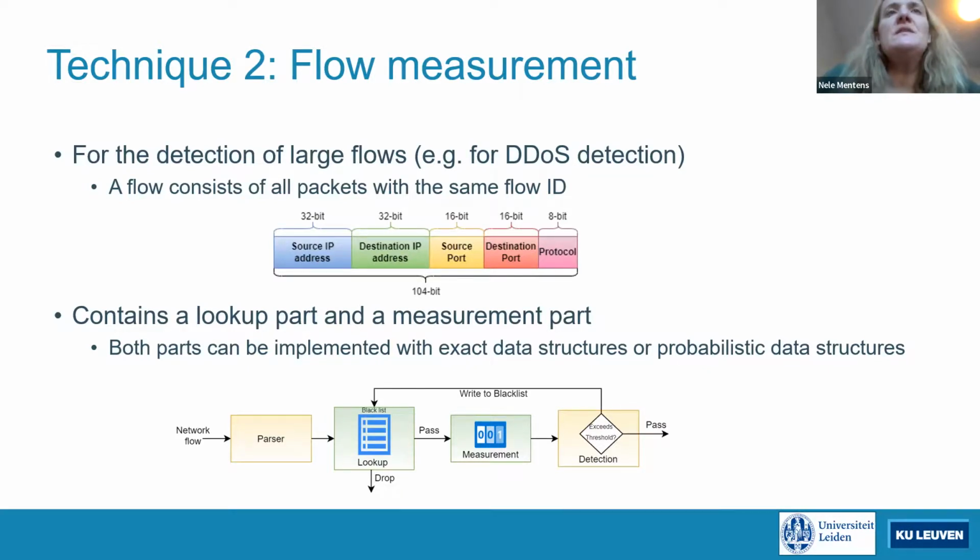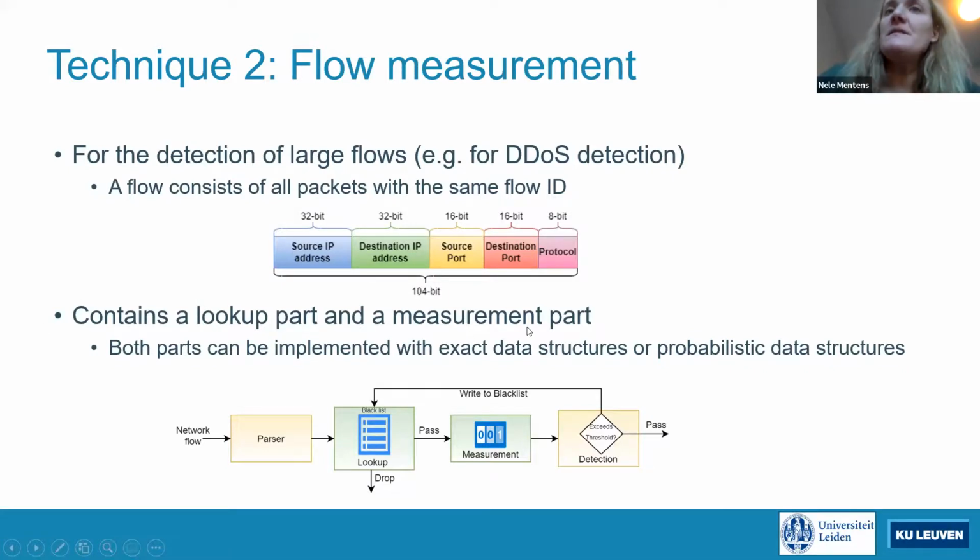What is a flow? A flow consists of all packets that have the same flow ID. And the flow ID typically consists of the source IP address and destination IP address, source port and destination port, and sometimes also the protocol that is used, like for example, HTTP.